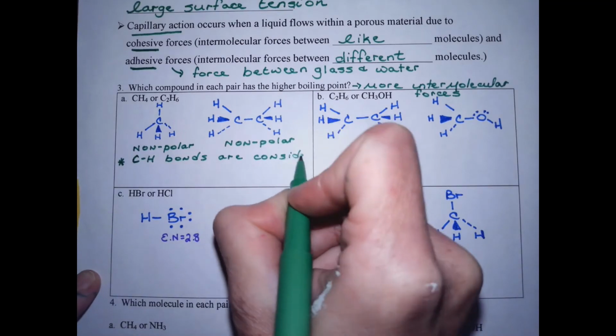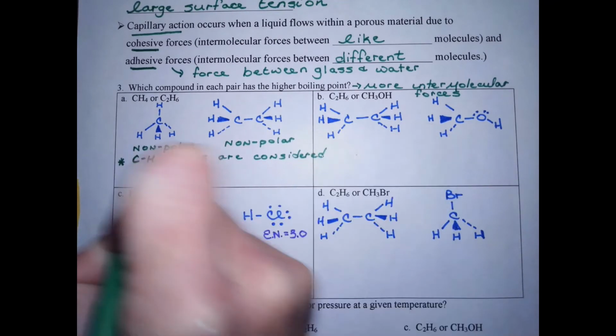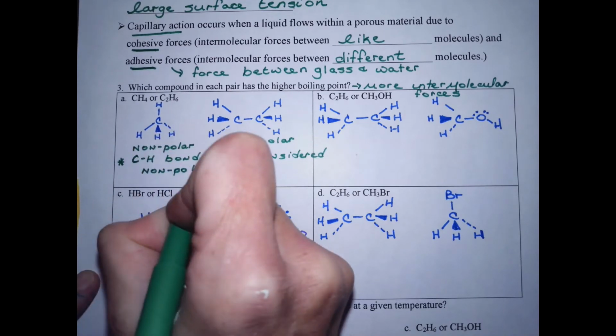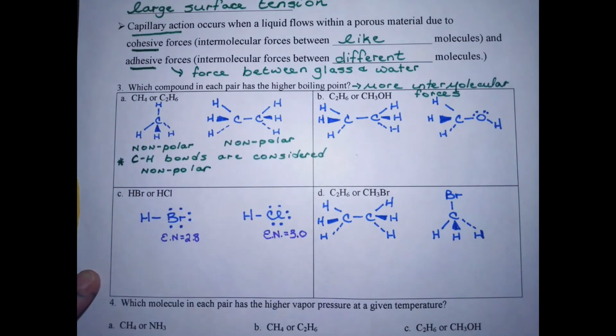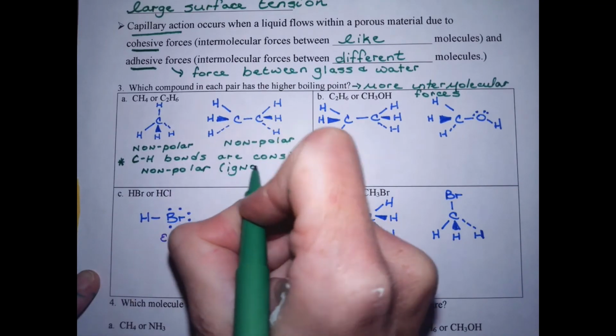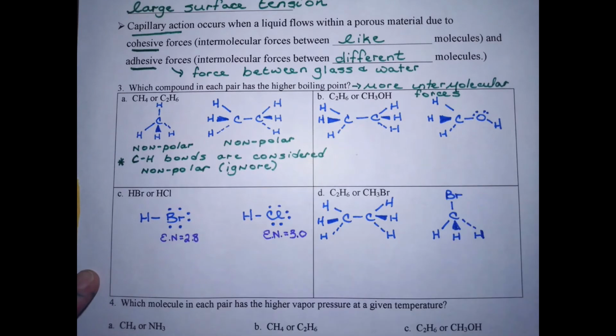Basically, if you're assigning vectors, trying to think of the polarity of a molecule, and you have a bunch of carbon-hydrogen bonds, just ignore them. Only worry about the heteroatoms, the odd ones, like the oxygen and the bromines. Don't worry about carbon-hydrogen when you're doing your analysis.